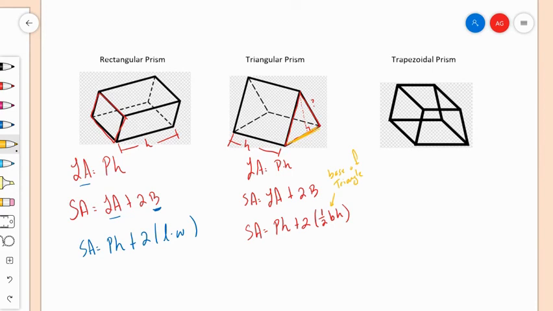And this little h represents the height of the triangle, so this height right here, and it does not represent the height of the prism, it represents the height of the base. That's why we say we've got to be a little bit careful. So these two heights are different. I'll put difference.